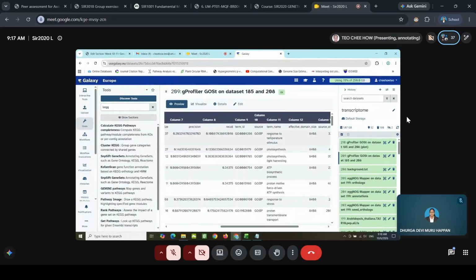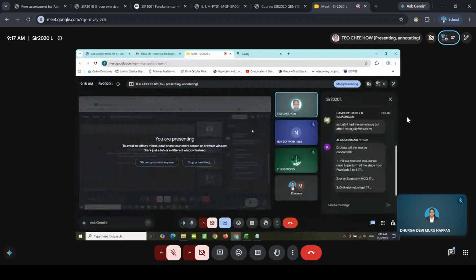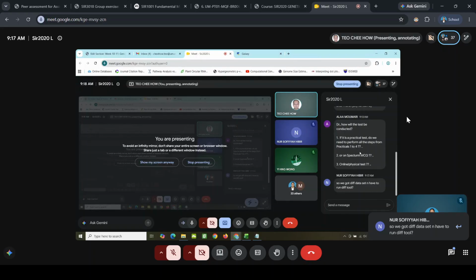So there's no standard answer, because every single one of you has a different data set. Yes, you have to extract the data set, and you use the same tool to run. For example, if I ask you to assemble a genome, I will mention that you need to use the specified tool to assemble the genome, and you need to use DEG analysis to run the differential expression, right?